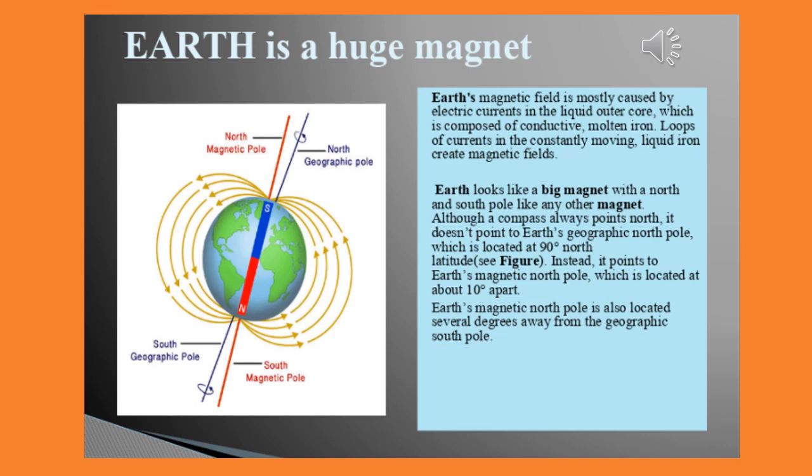Why is it so? Because we know that magnet is only affected by another magnet. So, a freely suspended magnet always aligns itself along geographic north-south means there is some other magnet which is controlling its alignment.